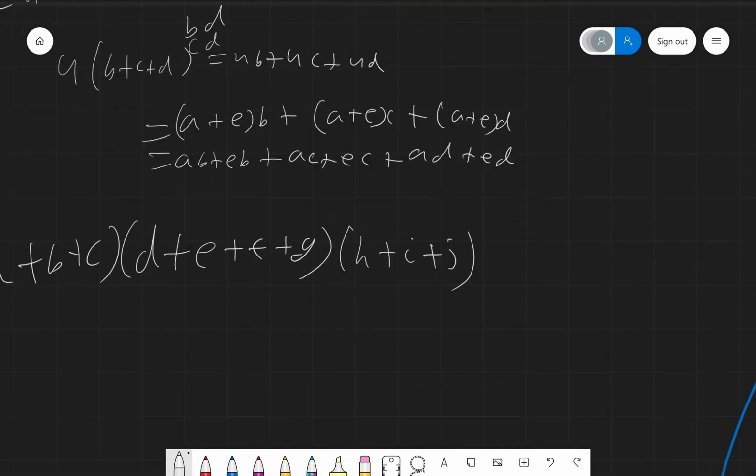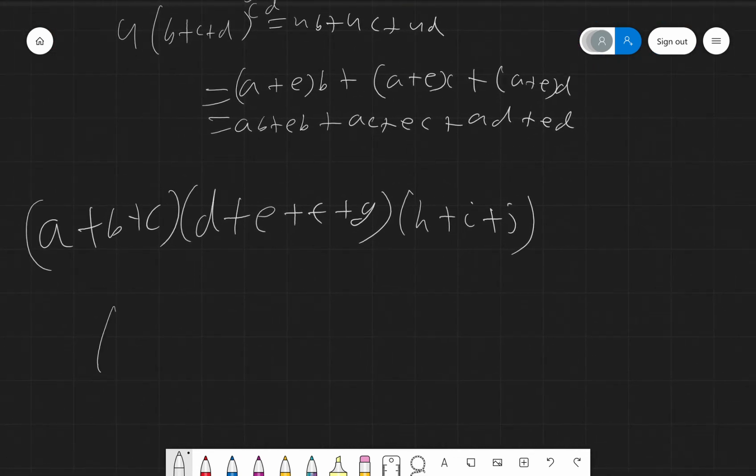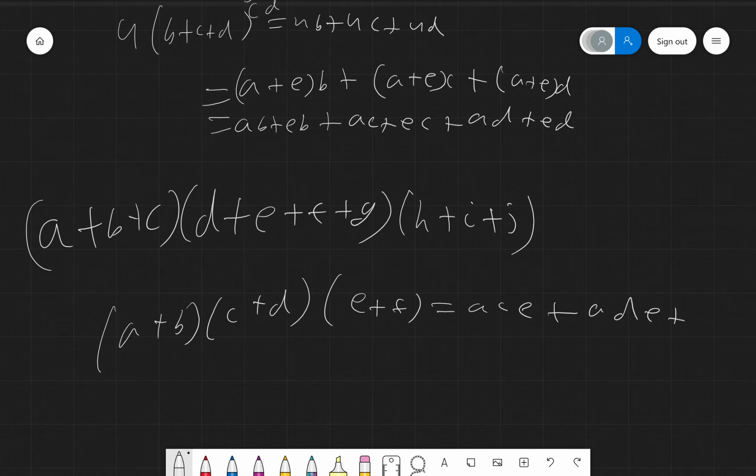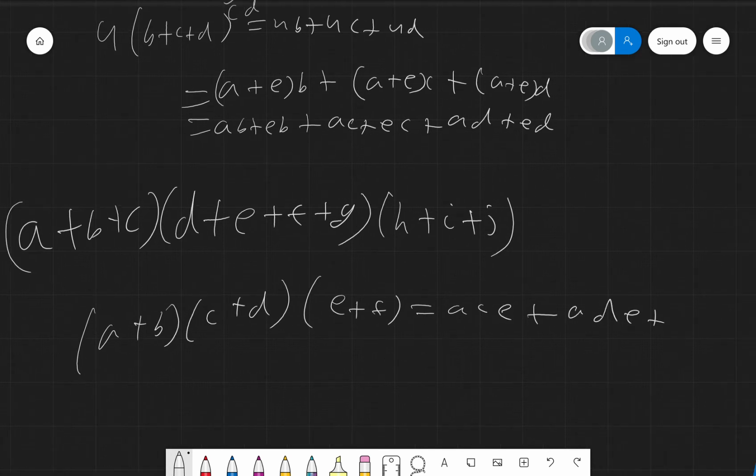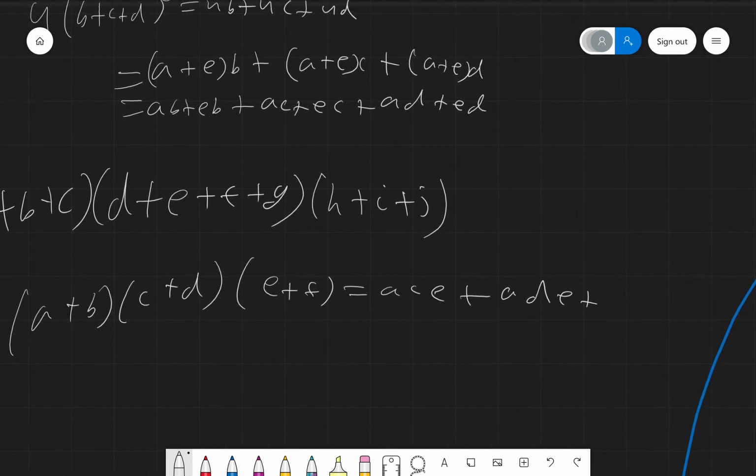If we had something like (A plus B) times (C plus D) times (E plus F), we do every combination. So we take the first, so we'd have ACE. No, sorry. We're going to first do A, C, E.